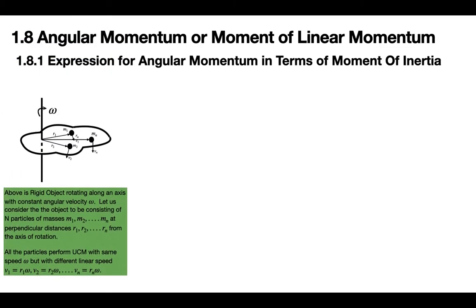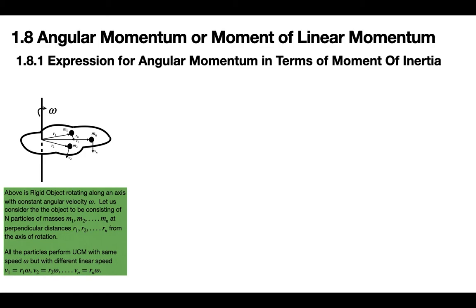Again, consider a rigid object rotating about a constant axis with a constant angular velocity omega. Consider small masses at distances r1, r2, etc., rotating in uniform circular motion.